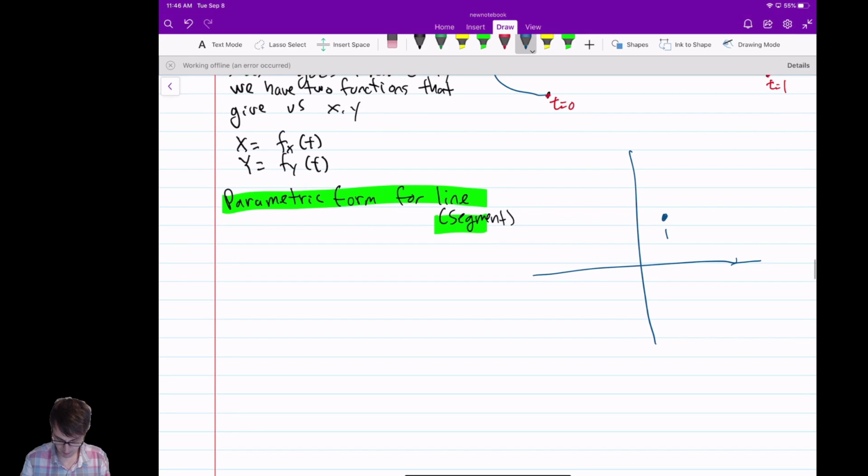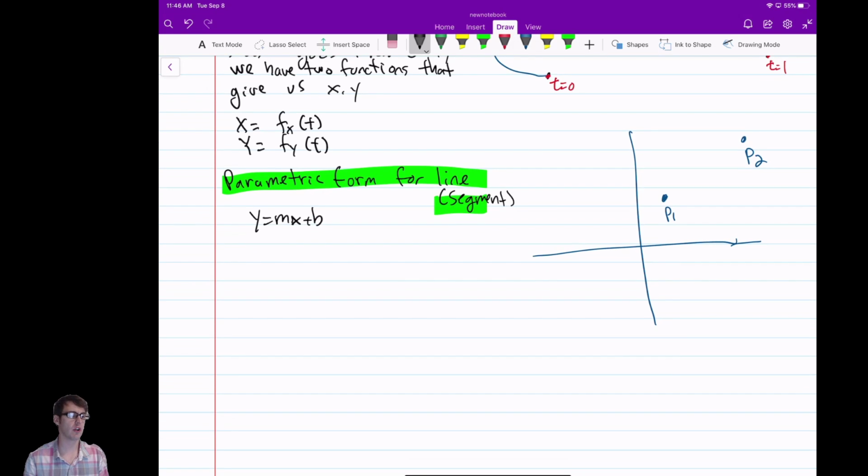I have point 1, I have point 2, and these 2 points determine the ends of my line segment. Okay, so classically we have y equals mx plus b, but instead of working on that and figuring out the slope, we can do that. That's not hard. Instead of doing that, let's parameterize.